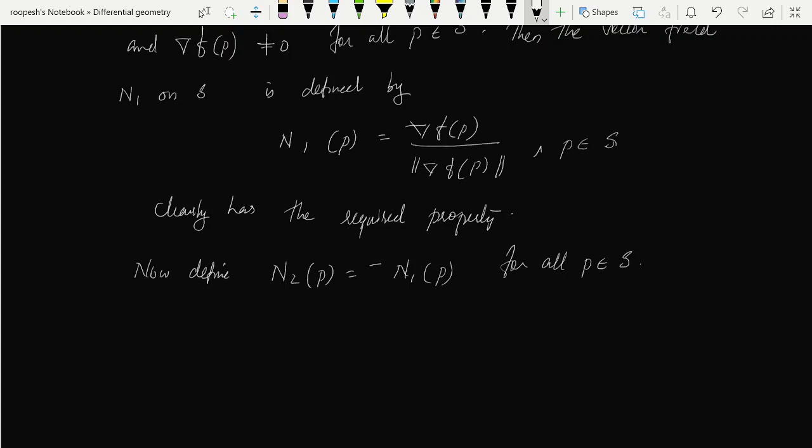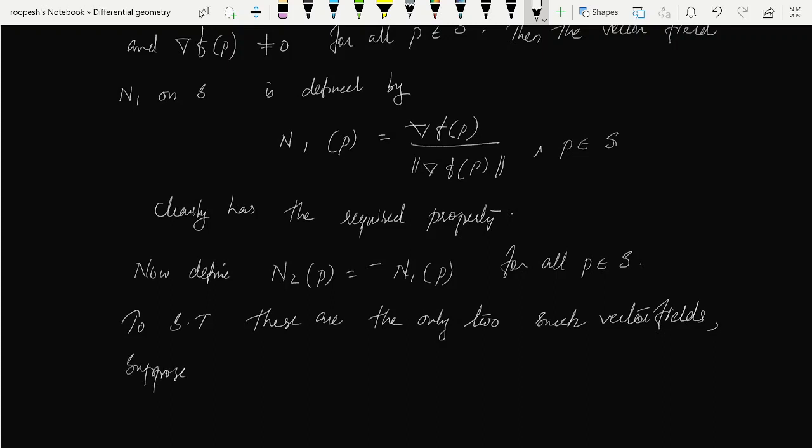To show that these are the only two such orientations, two such vector fields, suppose n3 is another such vector field.